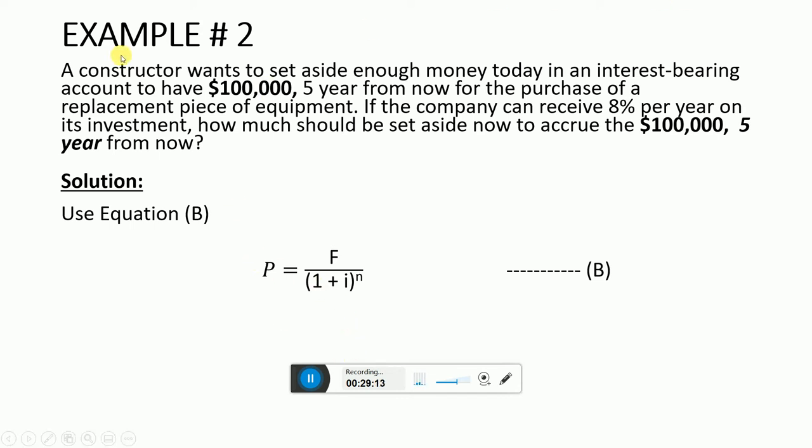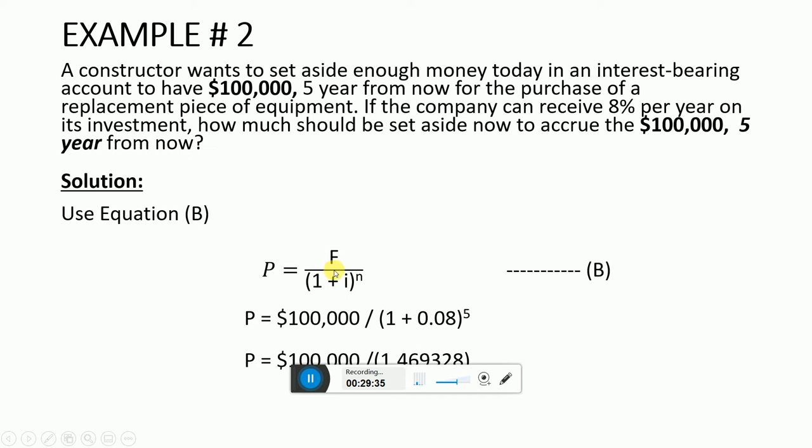In this case, we have the future amount F, which is $100,000. I is 8% and N is 5 years. So we have to put all these in equation B and calculate the present amount.